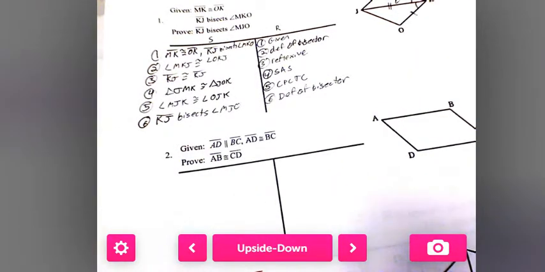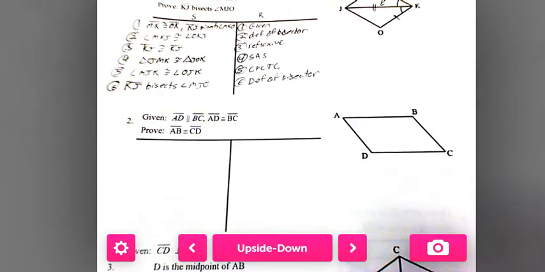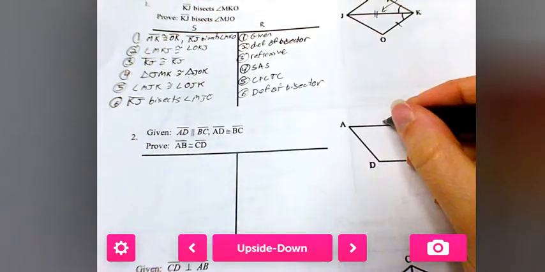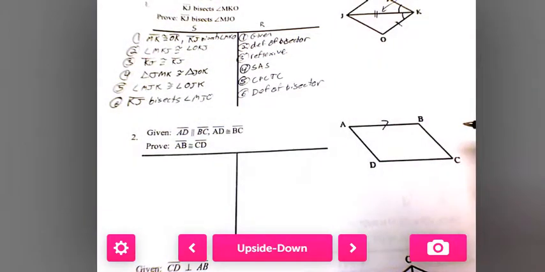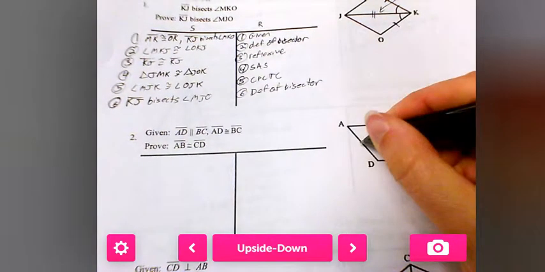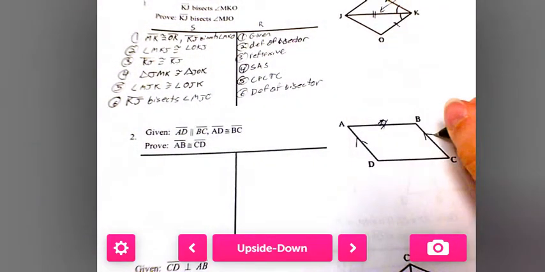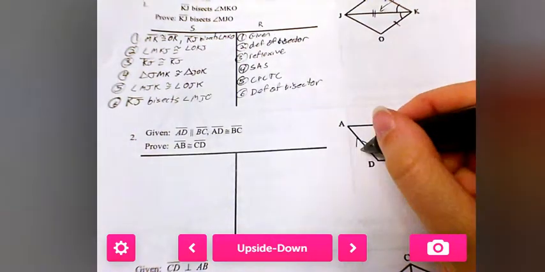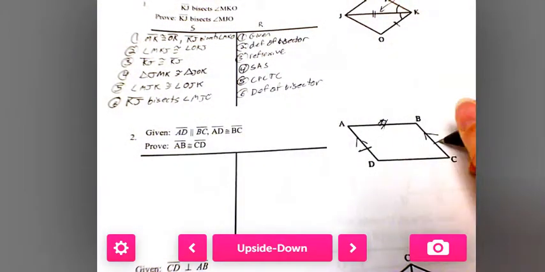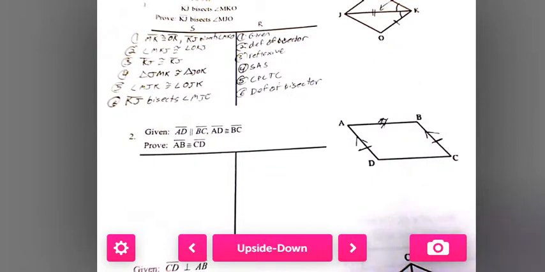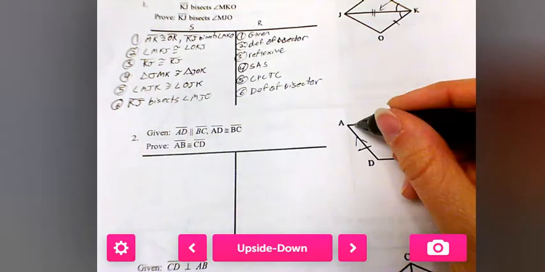We know AD is parallel to BC, and it's saying AD is congruent to BC. We should have a line drawn in here. It was obviously a typo that the line should be right here.